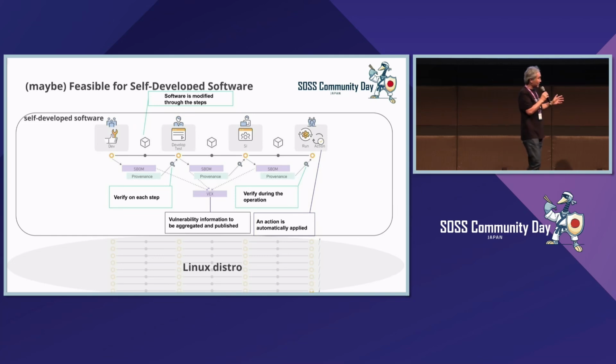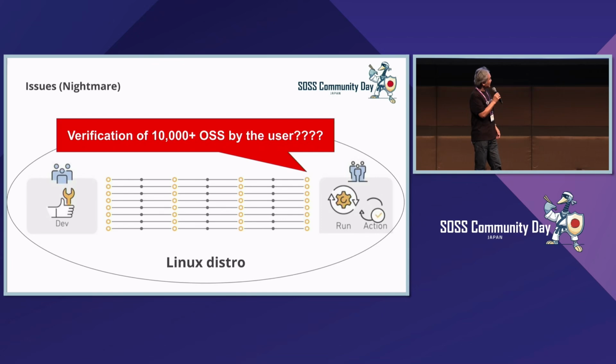In that case, it's a nightmare. We have to verify 1,000 or over 10,000 software at the running phase. I don't think it's feasible. So what's the solution? The next page is the proposal from us.